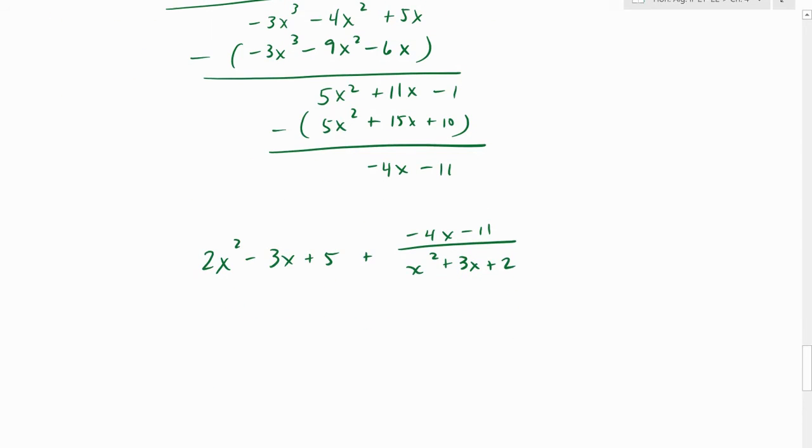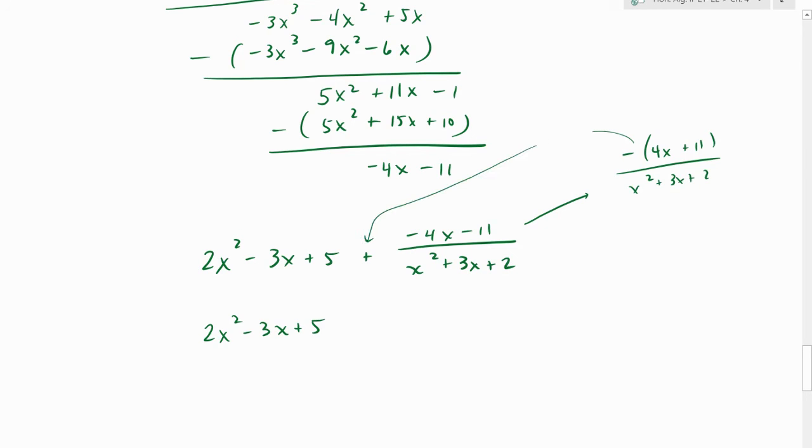Now, this answer's fine. I just want you to see probably what other folks do. If I took the negative out of both of those up top, then I can bring that negative out front and write it this way.